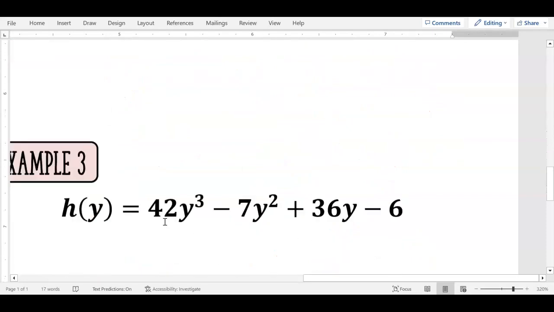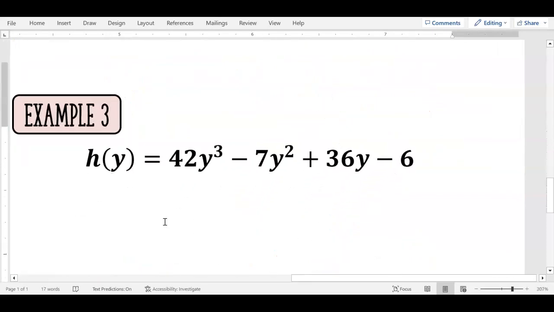Example 3, here we go. I tried to give you a more difficult one, but it's the same idea. Okay? So what do I do first? Parentheses, right? Let's go ahead and put them here.